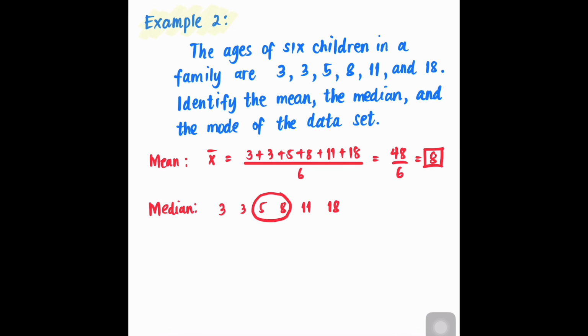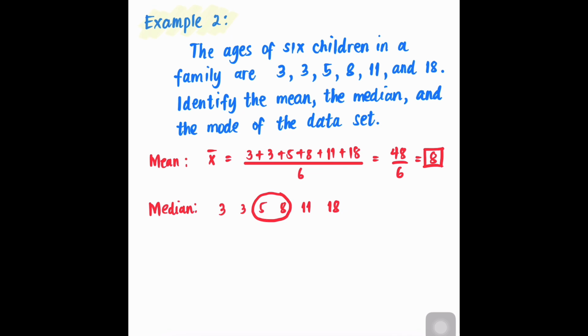Now, you cannot give out two numbers for median. There must always be one median value. That's why it's called the middle score. So there's only going to be one in the middle. So in this case, we need to get the average of these two values right here.